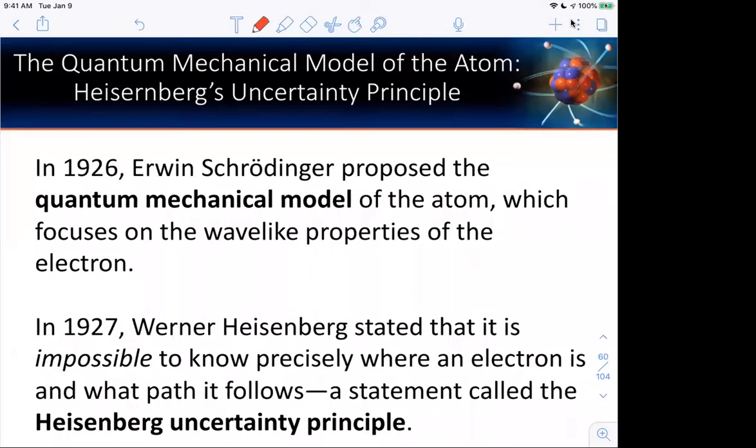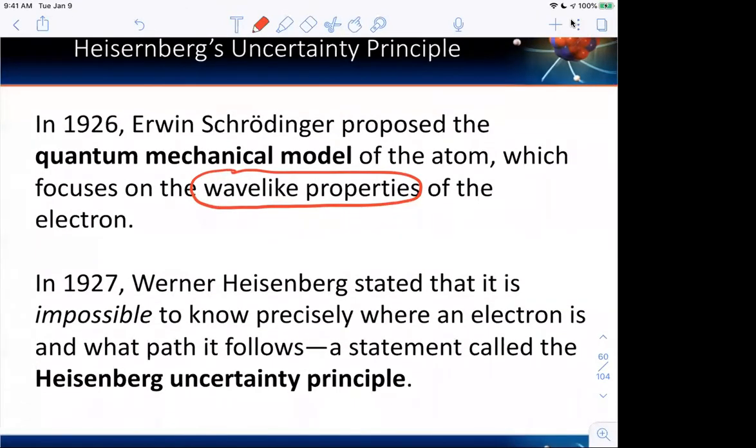Now, about the same time, Schrödinger proposed a quantum mechanical model of the atom, which is focusing on the wave-like properties. Heisenberg stated that it's impossible to know precisely where an electron is and what path it follows.